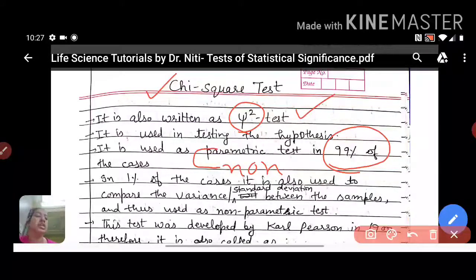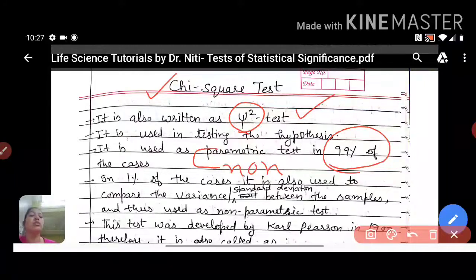In most cases, statisticians found that data is not normally distributed, and the results they get from the experiments do not accurately represent the whole population. In such cases, non-parametric tests are used, and one such non-parametric test is the chi-square test.